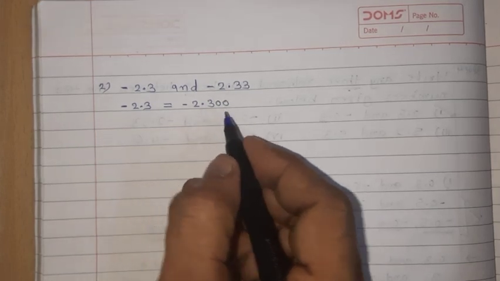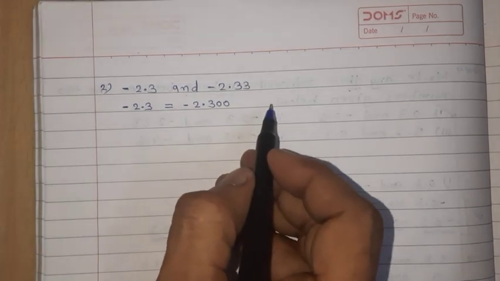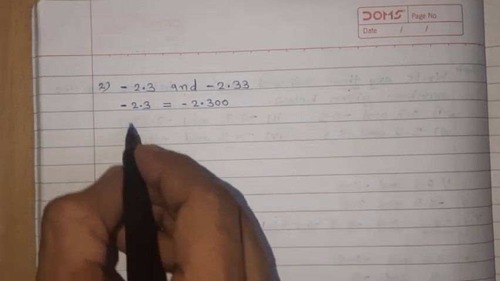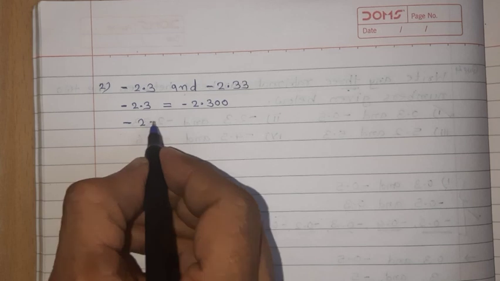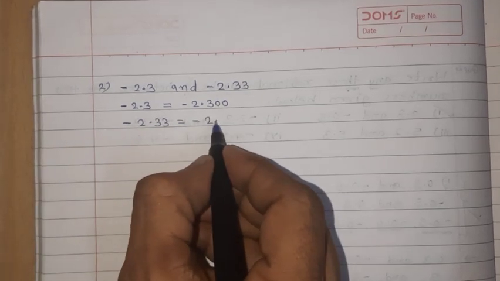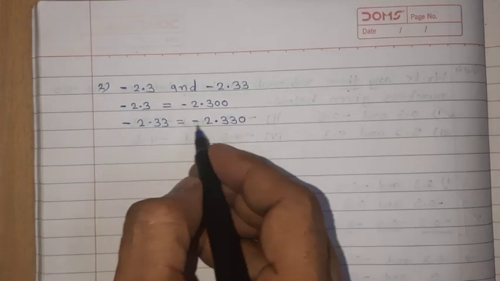After the decimal point, if I put many zeros, it doesn't change the value of the original number. Similarly, minus 2.33 is equal to minus 2.330.